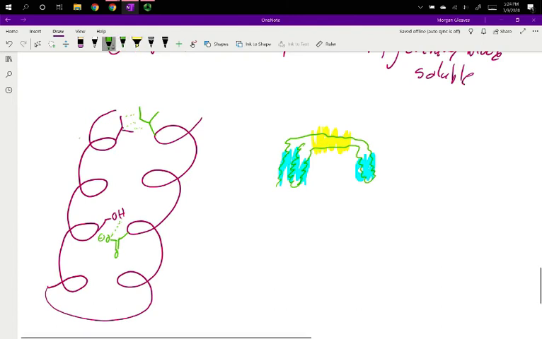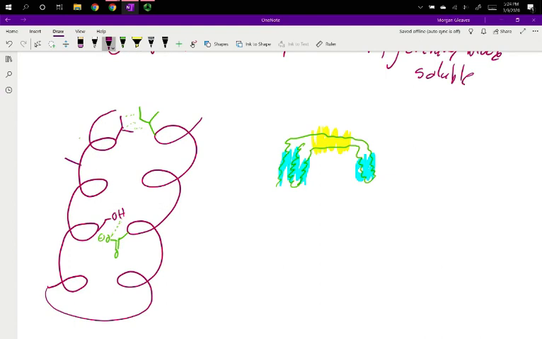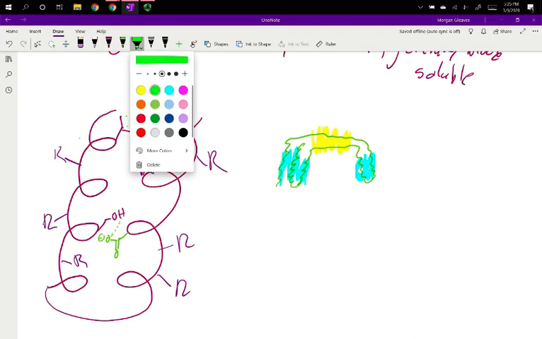Now, additionally, remember, they don't just go on the inside. There are R groups coming off all sides. They come out at all angles. And so there's some inside component and there's some outside component.